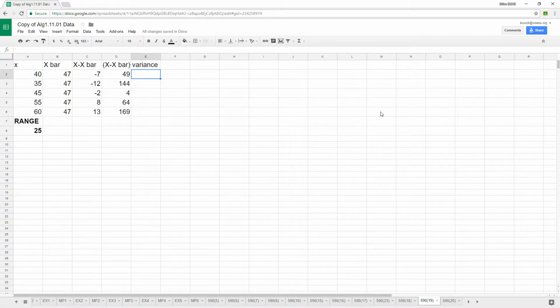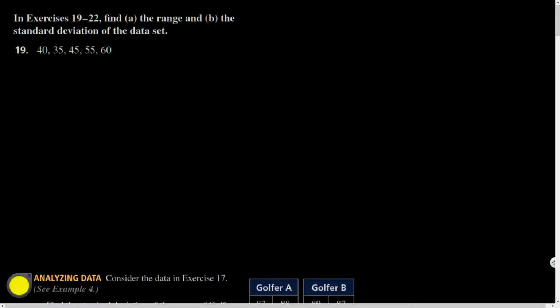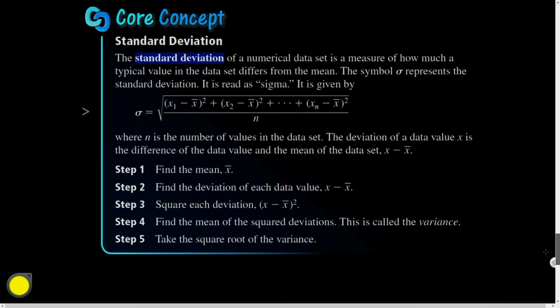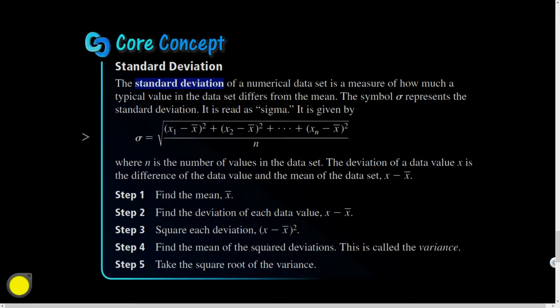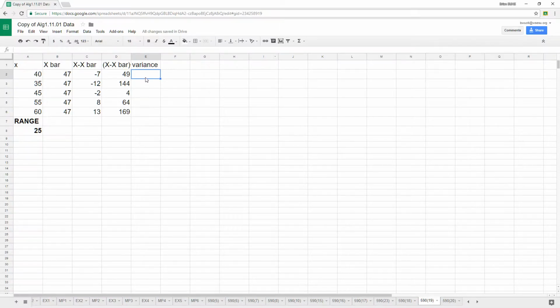Then what I would do is find variance, which, according to our formula, is the step where I average, find the mean of the squared deviations. Okay? So I'm going to find now the average, figure out how far on average these values are from the middle. I get 86.